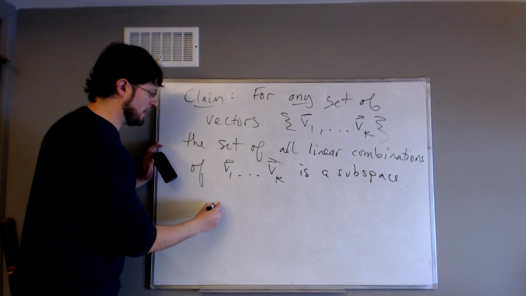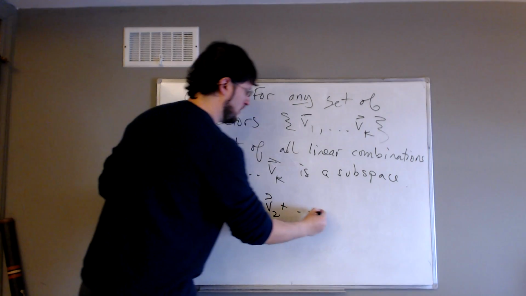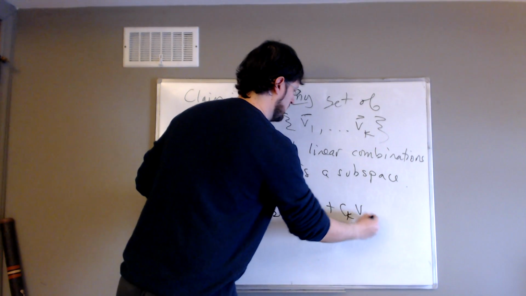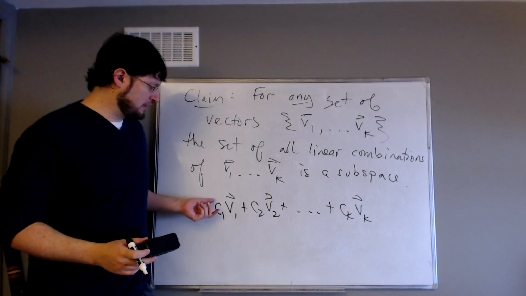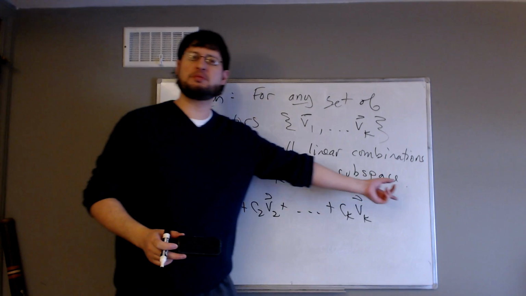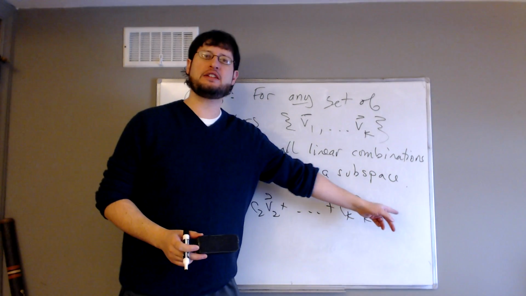So this is the set of all C1 V1 plus C2 V2 plus all the way to CK VK. That's what we're looking at. But 0 is certainly in here because I'm allowed to dial these C1s and C2s to be anything I want. So I can set all of the C1s through CK to be 0.